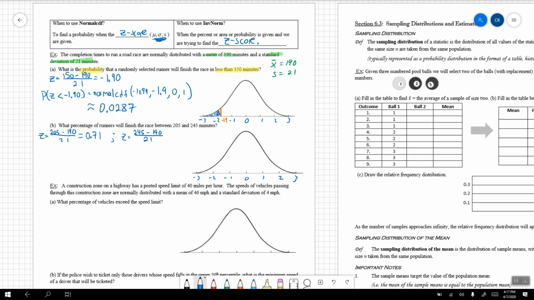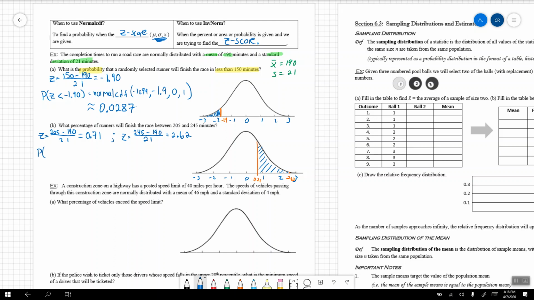So you go to your calculator, you do 245 minus 190, and then you divide by 21 to get 2.62. So these z-scores, 0.71, somewhere here, and then we have 2.62, somewhere here, which means we're looking at the area between those two values.